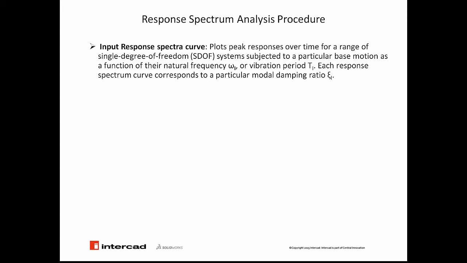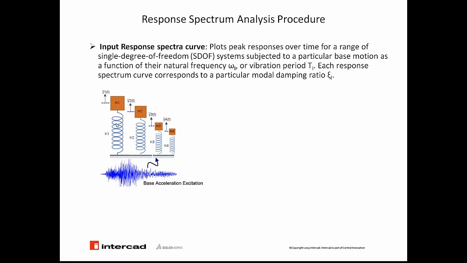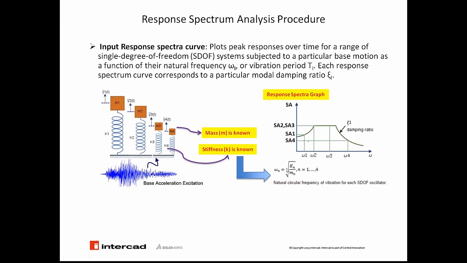For instance, in the picture here, we have multiple single degree of freedom systems, and all of them are subjected to the base acceleration excitation. Each structure has its stiffness and mass. Since we know the mass and the stiffness, we can calculate the natural frequency of the system. That is the x-axis of our response spectra graph.